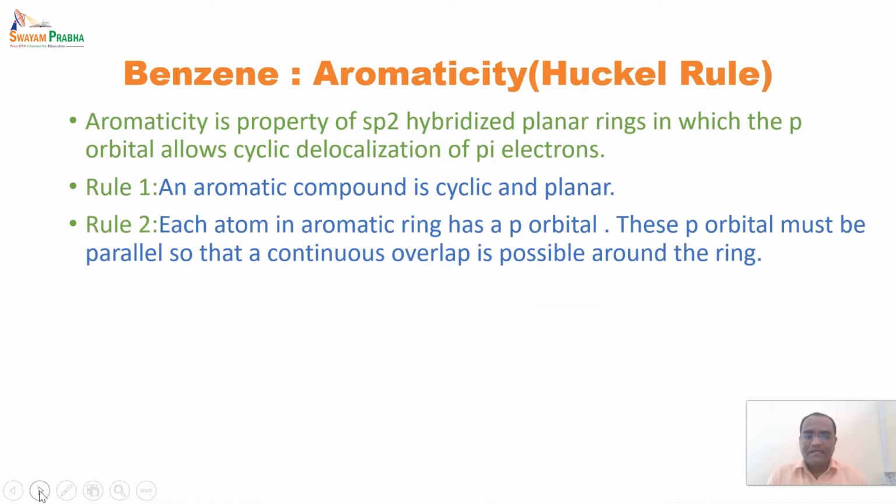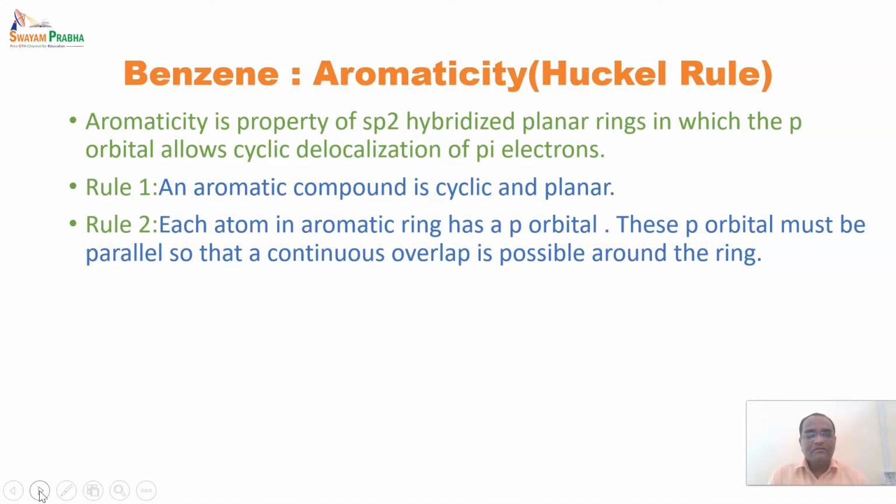After that, each atom in the aromatic ring has a p orbital. Obviously it should have a p orbital, because without a p orbital there will be no pi electrons present for delocalization. This p orbital must be parallel, so that a continuous overlap is possible around the ring.